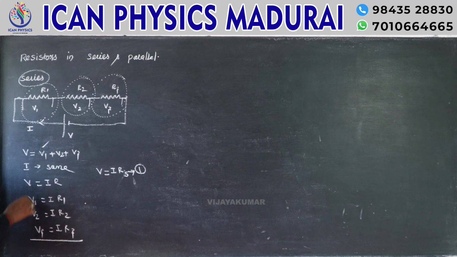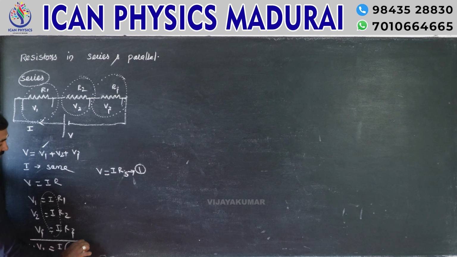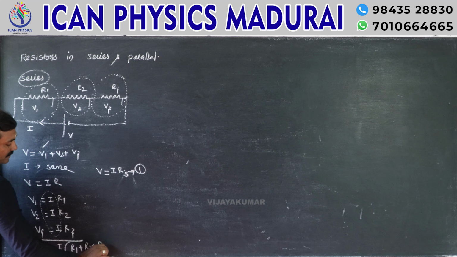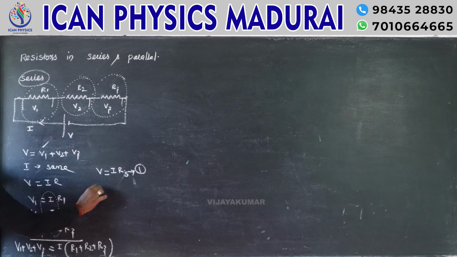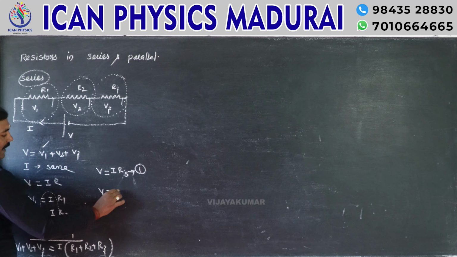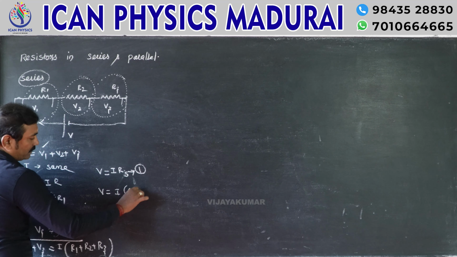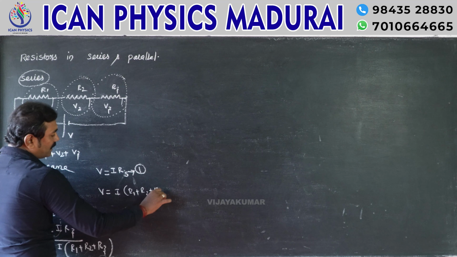Now you can add. V1 plus V2 plus V3 equals, I can be taken as common, so I into R1 plus R2 plus R3. Now, instead of V1 plus V2 plus V3, we can write V. So V equals I into R1 plus R2 plus R3.